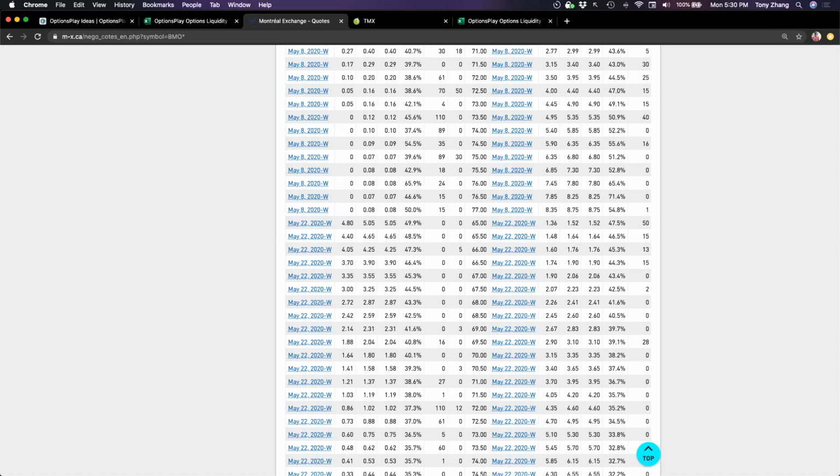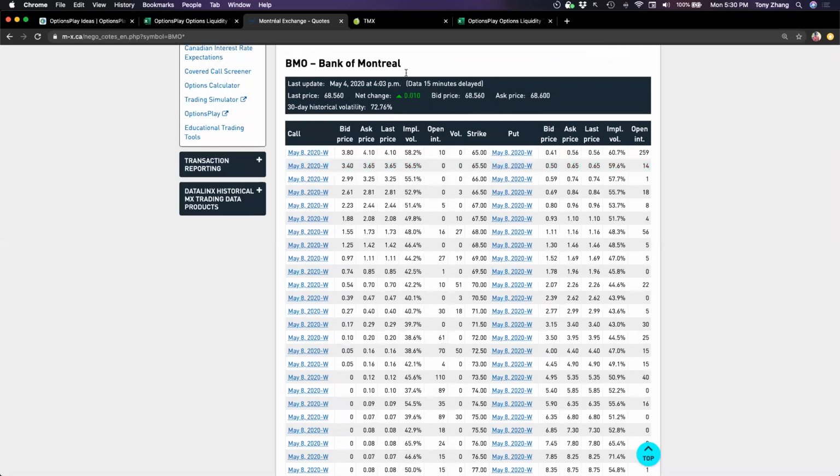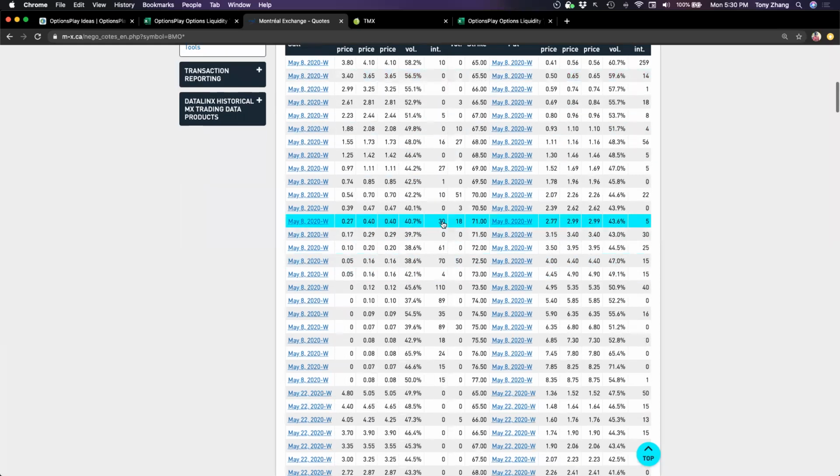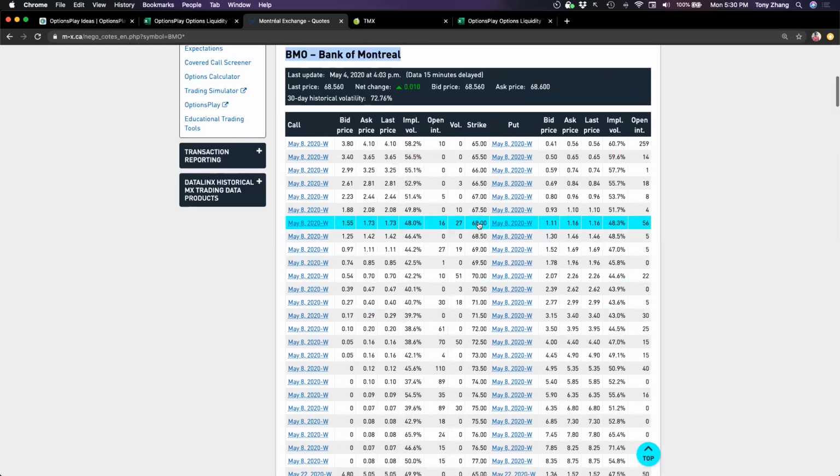I understand what you're saying about open interest on a single option not impacting liquidity, but what about volume? Same thing. Volume has nothing to do with liquidity. Again, a market maker doesn't care if someone today trades 10 contracts or 1,000 contracts.